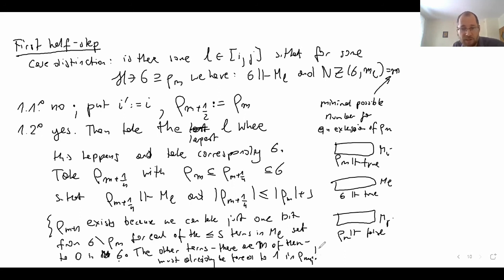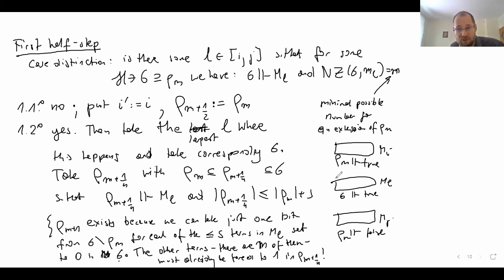We couldn't add anything else to row m plus a quarter to force a new term to 0, because then we would be left with just m minus 1 non-zeros in an extension of row m, and that's impossible. We're guaranteed to have at least m non-zeros here. That's the work that this notion of guaranteeing non-zeros does for us.